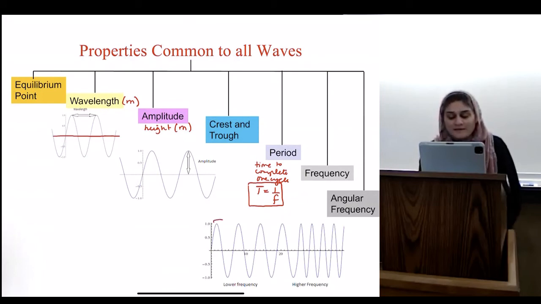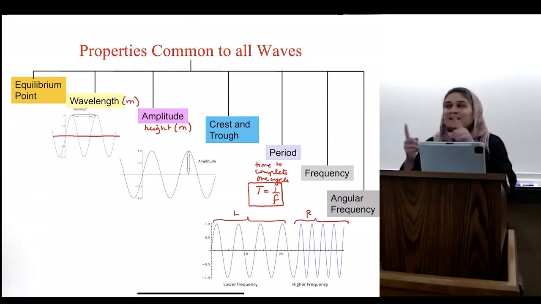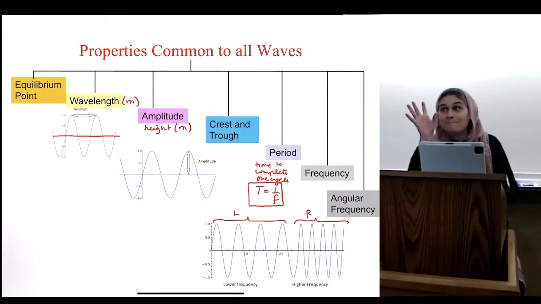So this part of the wave versus this part of the wave, which has a higher frequency? The left part or the right part? The right part. Good job. Who said that? Yay! The right part has more frequency than the left. It's because the right has more waves in a smaller time.